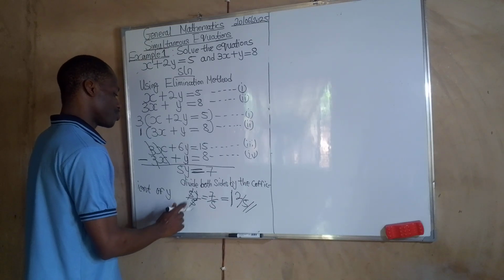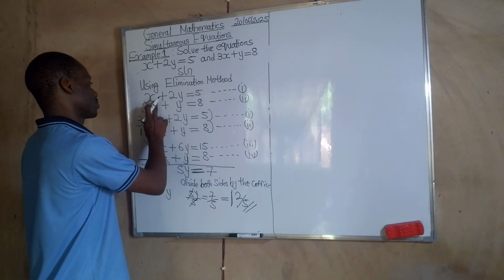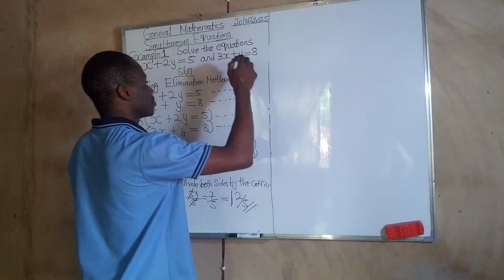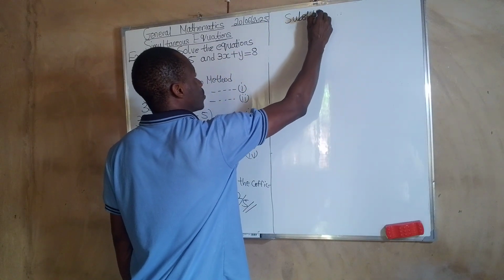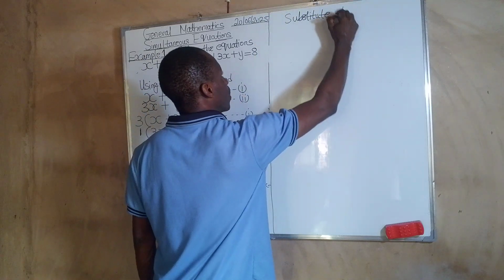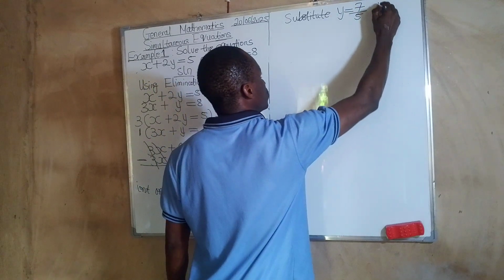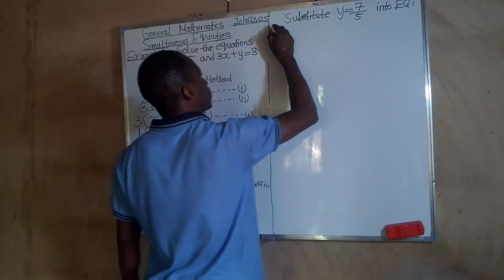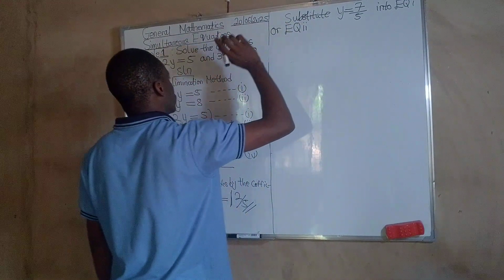So you can use substitution to get your answer for the x value. So we can say substitute y equals 7 over 5 into equation 1 or equation 2. So what do we do now?